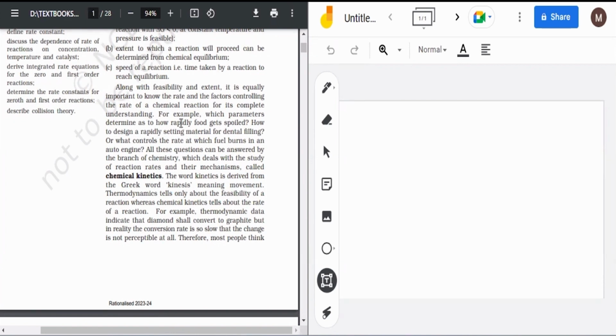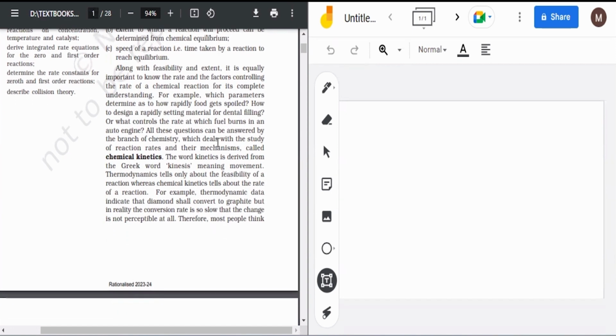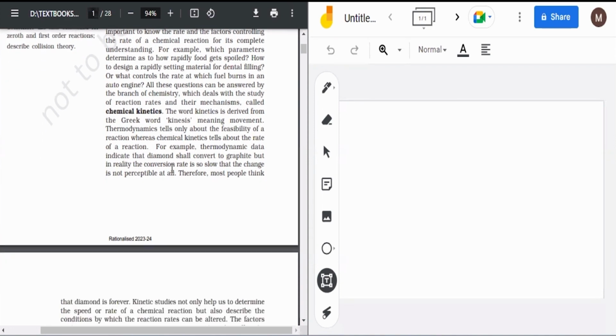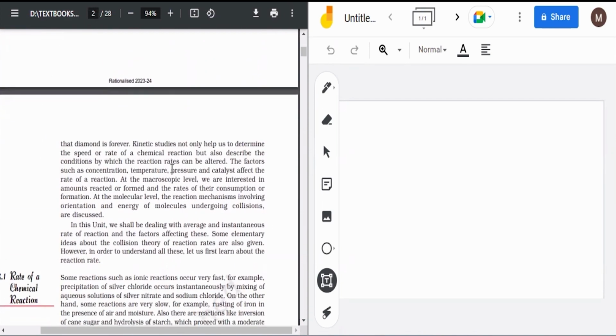For example, how rapidly food gets spoiled, and how rapidly fuel burns in an auto engine, etc. It means basically the speed of the reaction. It is there in the name only, chemical kinetics. Kinetics is a Greek word which itself means speed. So that is studied here.